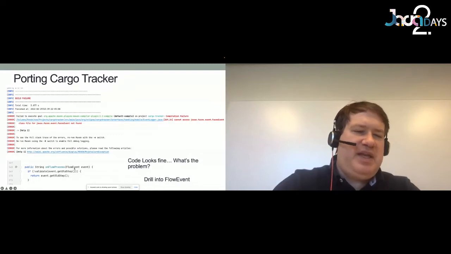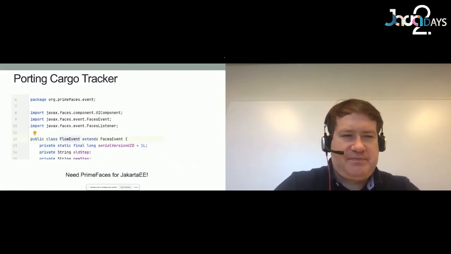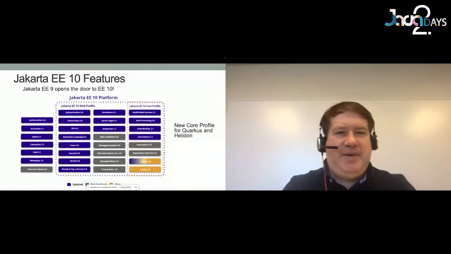It was because it itself depended upon a Jakarta EE 8 namespace. If we look at the code for FlowEvent, you'll see that when the IDE decompiled it, it was using javax.